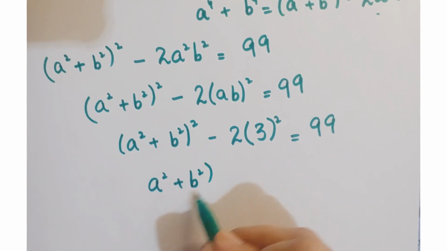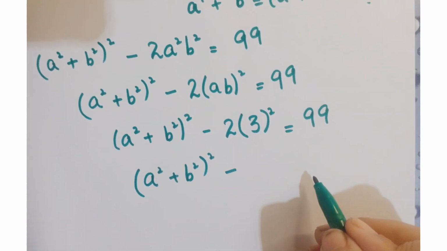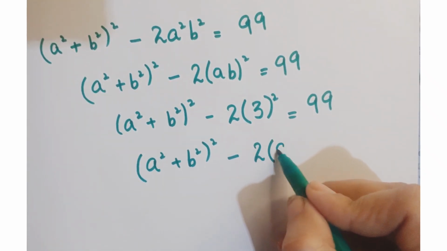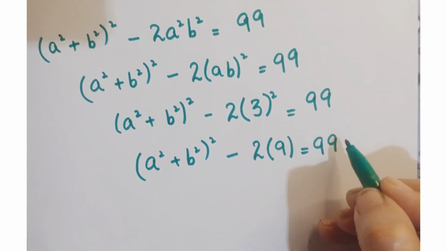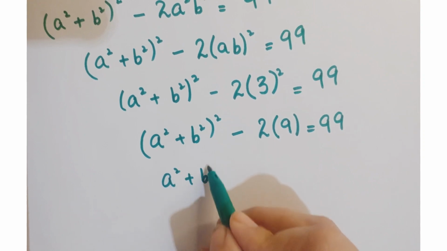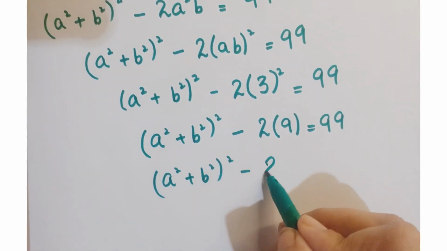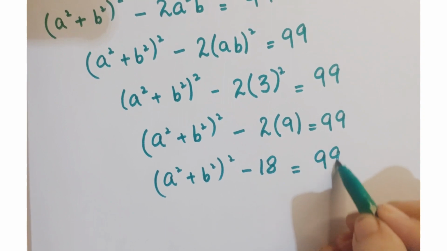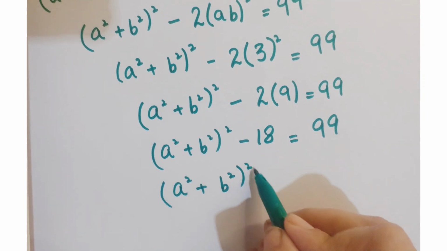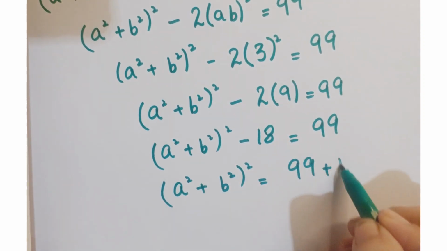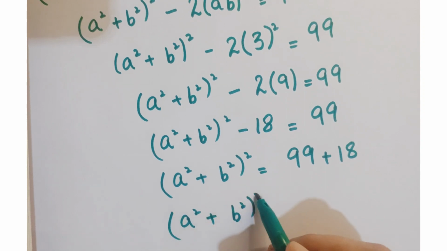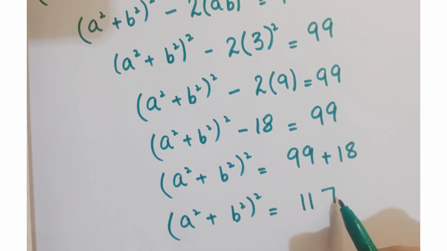Further, (a square plus b square) whole square minus 2 into 9 is equal to 99, so (a square plus b square) whole square minus 18 is equal to 99. Or you have (a square plus b square) whole square is equal to 99 plus 18, which is 117.